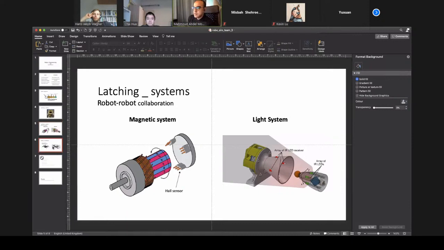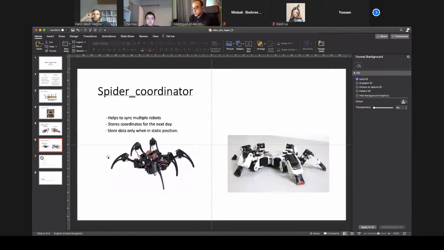Yeah, and then there's a part when you move between two work locations. There you would need either to synchronize your localization coordinates with another robot, or maybe you can have a kind of crawling spider which can physically save the location, and then the robot just needs to touch it physically, do the latching, and get the proper coordinates.